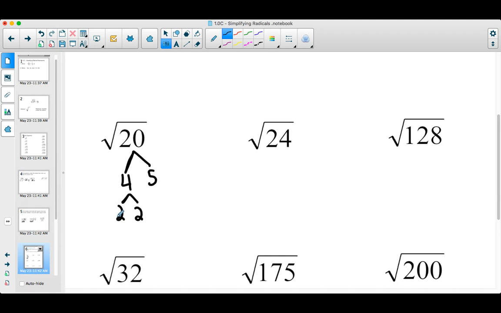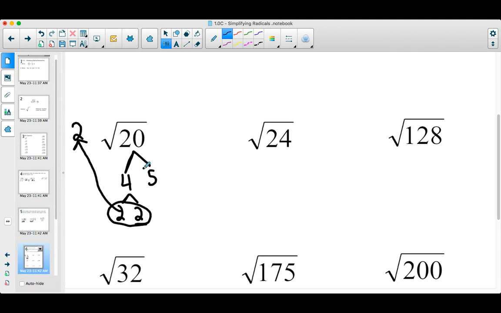Our goal is to look for groups of 2 of the same thing. So I have 2 2's right here. We're going to pair them up. They're going to go outside together on the town. So we have a group of 2's coming out here. The key thing is that only one of them will ever come out. I don't have two 2's out here, I just have 1. Any time I have a circled-up group of 2, one of those numbers comes out.